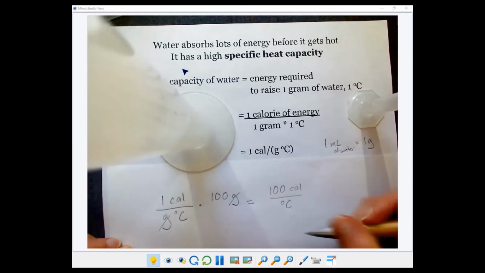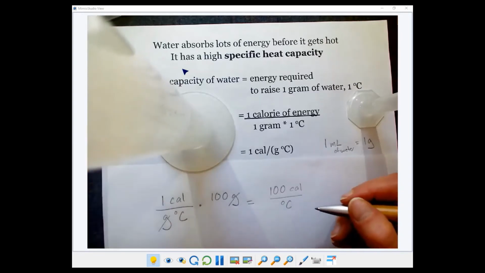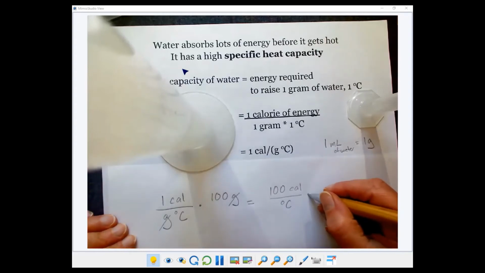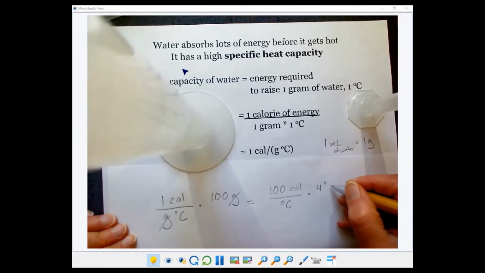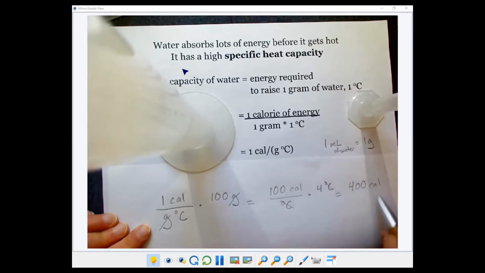Well, what if I want to raise this large amount of water up 4 degrees C? How many calories will it take? Well, I'm going to say 4 degrees C. That'll cancel these out, right? And it will be 400 calories to raise 100 grams 4 degrees C. And I've used the units to help me get to that number.